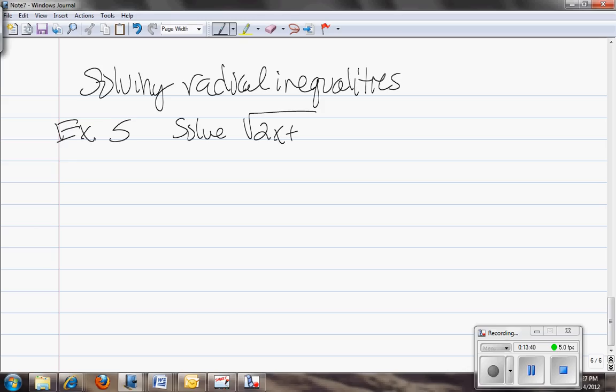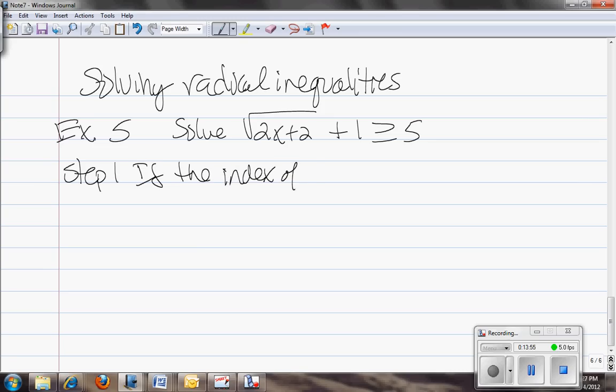Solve the square root of 2x + 2, plus 1, is greater than or equal to 5. The first step is, if it's an even root, like square or fourth, so if the index is even, find possible values for the radicand.